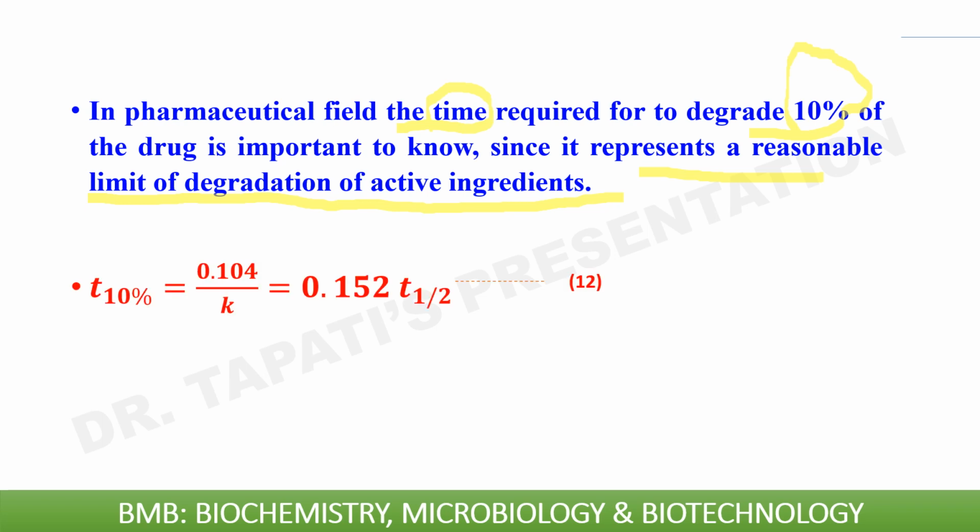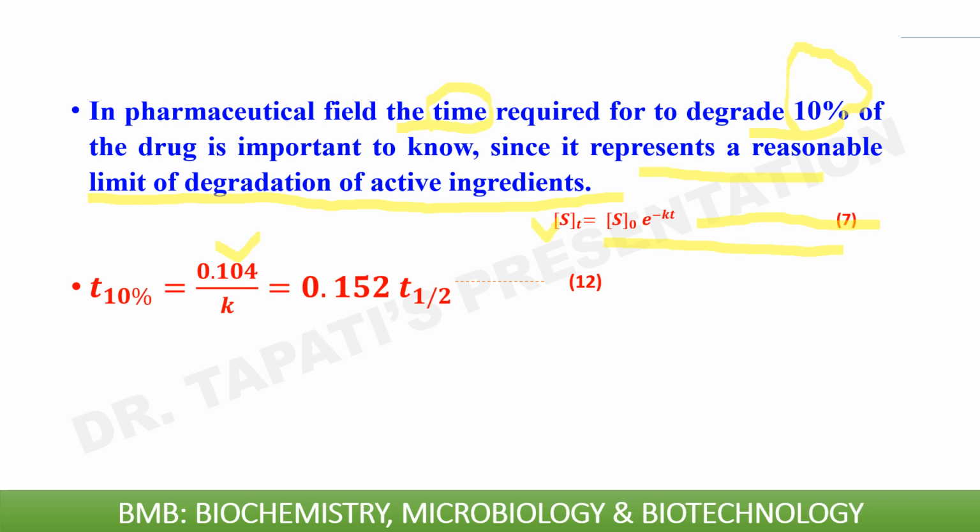In that case, we get T 10% is equal to 0.104 divided by K from equation 7, that is St is equal to S0 e to the power minus Kt.